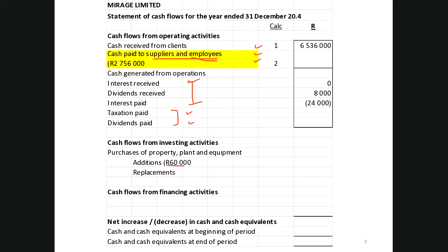So for example, for tax paid, if you don't have a taxation payable account in your current liabilities, it means you can assume the tax paid and the actual tax expense are the same, that everything was paid to SARS for the year, and you would then not have to reconstruct your SARS account. And dividends owing to shareholders, the shareholders for dividend account, you also don't have to reconstruct it if you don't see it on the statement of financial position. Okay, so that was Jordan's question.